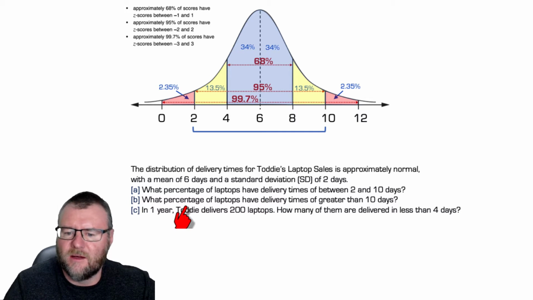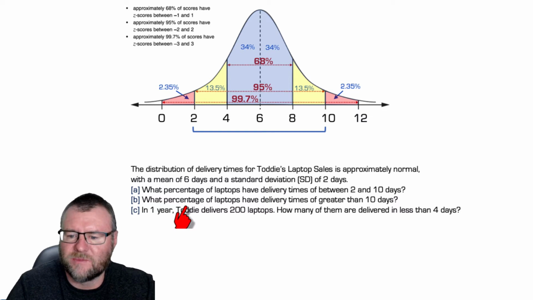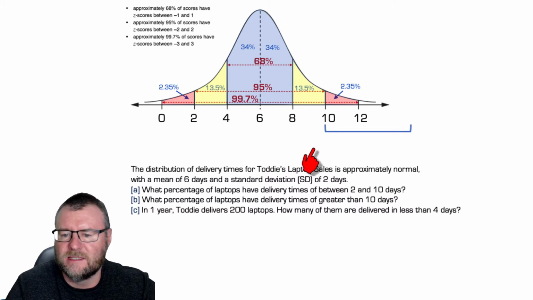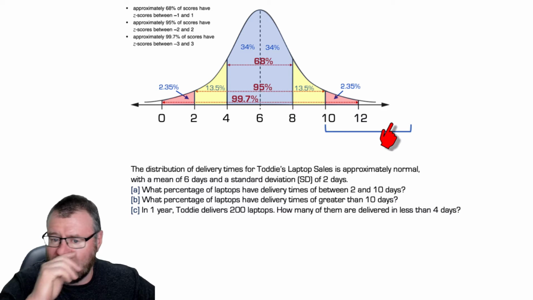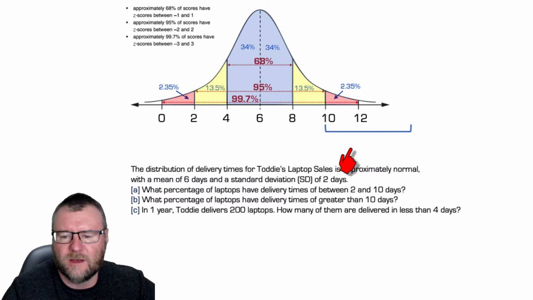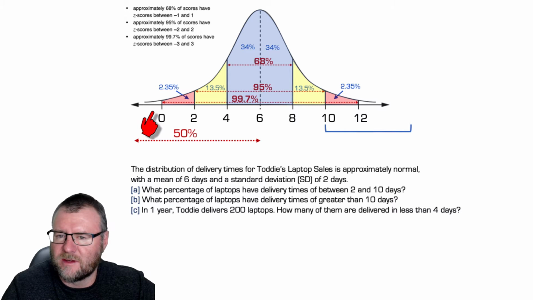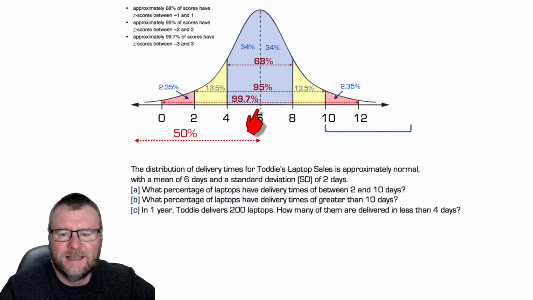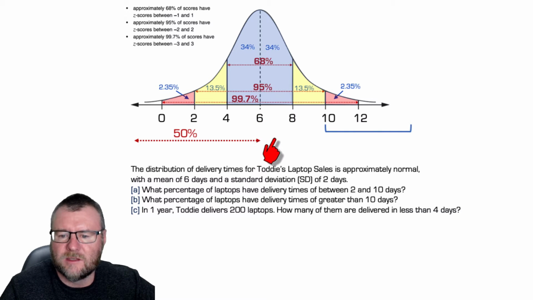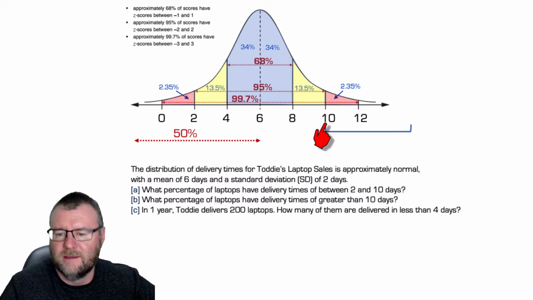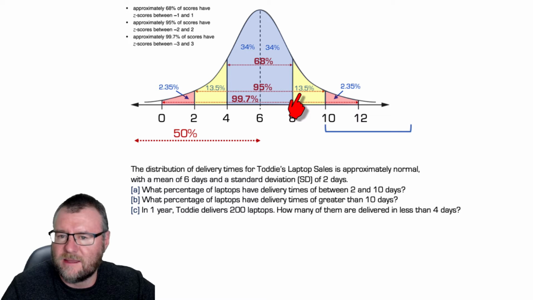What percentage of the laptops have delivery times greater than 10 days? Well, that's this piece up here. It's everything from the 10 upwards. So can I work out a percentage for that? Well, let's see what we know. From the middle up, because it's symmetrical, that covers 50% of the data. The bit between my mean and where my 10 starts covers 34 plus another 13.5.